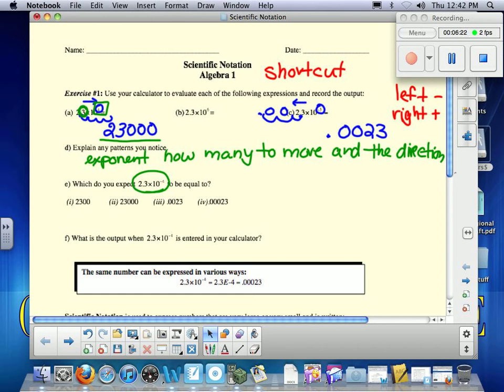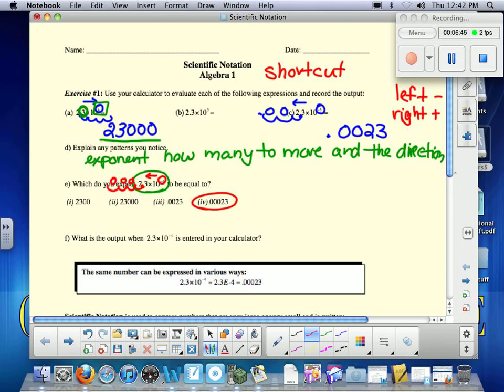So we have to do some math. We're going to take our decimal point, and it tells us to move 4 left. So 1 schloopy takes care of the 2, and then we have to go 3 more places. 1, 2, 3. And those are going to get filled in with zeros. So choice 4 is our correct answer.